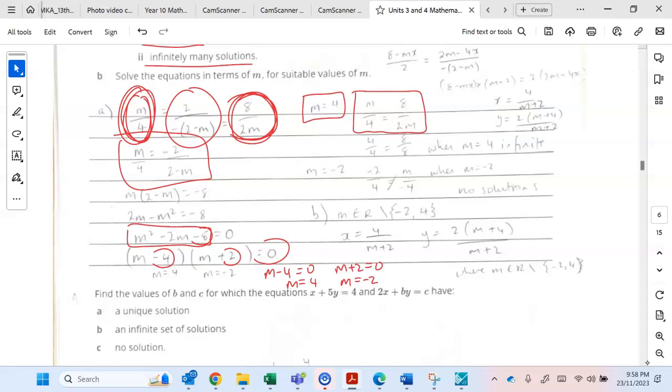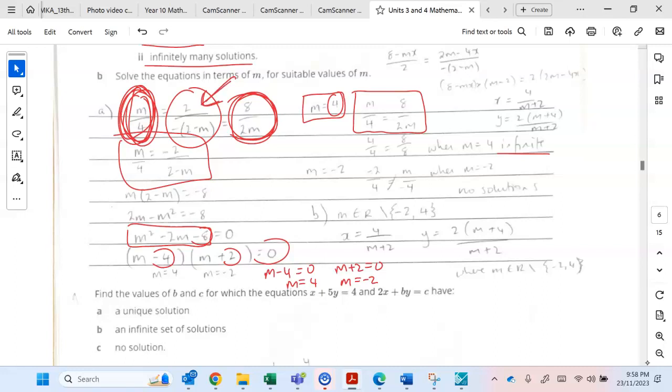So when m equals 4, we have infinite solutions. It's the same line. I could have substituted this 4 into this one here, and I would have also got 1. So 2 over 4 minus 2, so it gives you 2 over 2, which is 1. So I just chose this m over 4 because it's slightly easier to substitute in a value, but it doesn't matter. You could have used this one here as well.